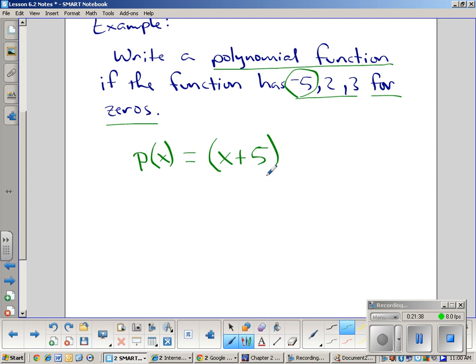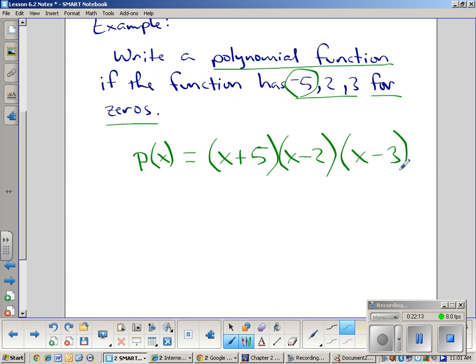If 2 is a zero, what is my factor? Someone other than x minus 2. And if 3 is a zero, then Caleb, what do you think the factor is? Louder, please. Should be 3. No, 3 is my zero. How do I write that as a factor? X minus 2. There you go. X minus 3, that's correct.